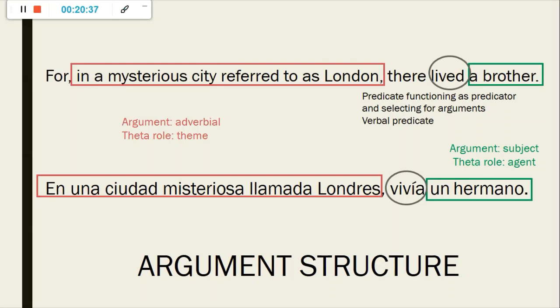So in this case, the adverbial would be another argument with the theta role of theme. So the predicate is going to be classified as a two-place. In the case of Spanish, this is a predicado diádico.